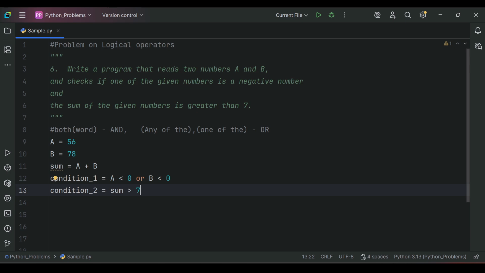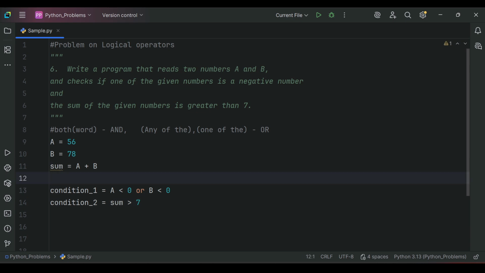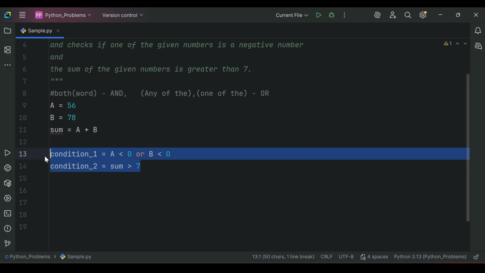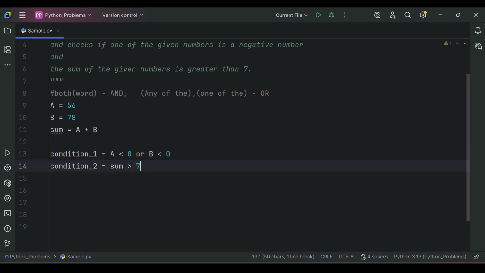This is the given input, and these two are the asked conditions. Now we have to check the final result. What is the final result?